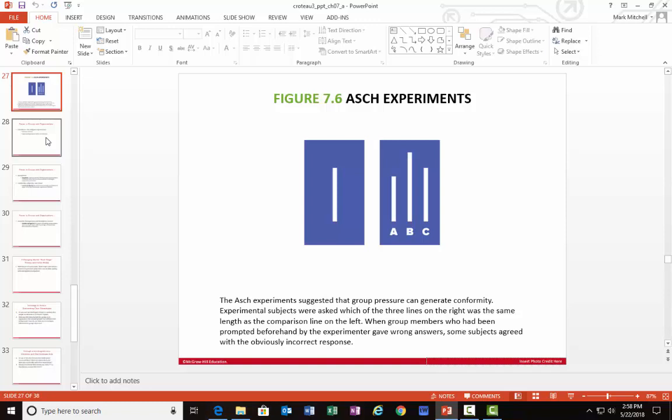What Solomon Asch found was that most people would actually give an incorrect answer. Now, I deliberately gave the wrong answer there. I know you're probably saying, well, he's blind, but the real line that matches up is really C. In the Asch experiment, when he started with the students, they would give either A or B, an obviously incorrect answer.